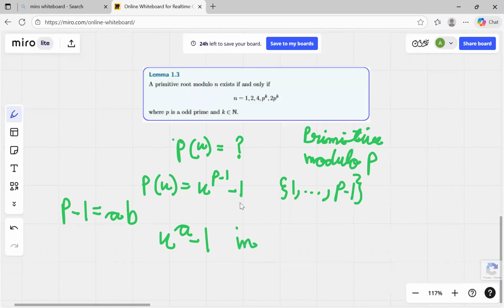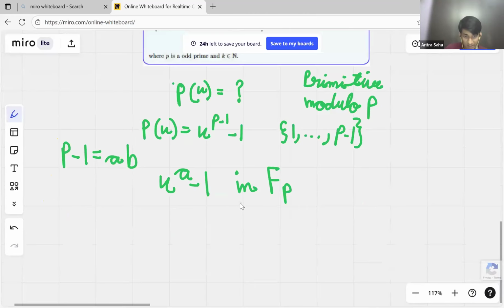You're randomly factoring it into two numbers. Yeah, randomly factoring into two numbers. What should we prove again for x to the power A minus 1? That it has exactly A roots in Fp.